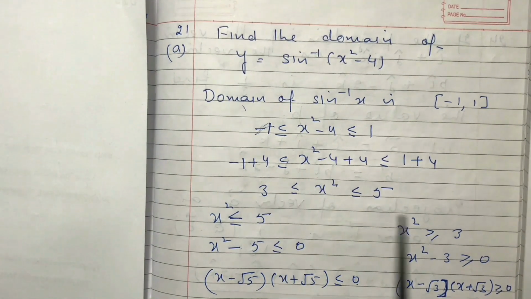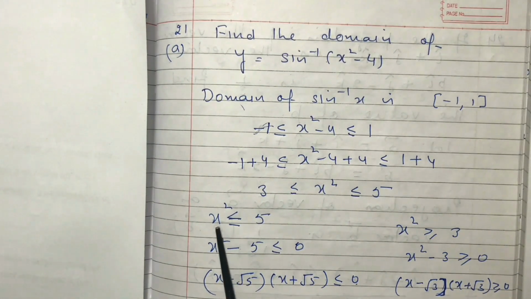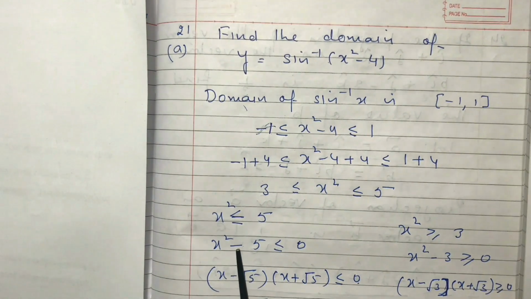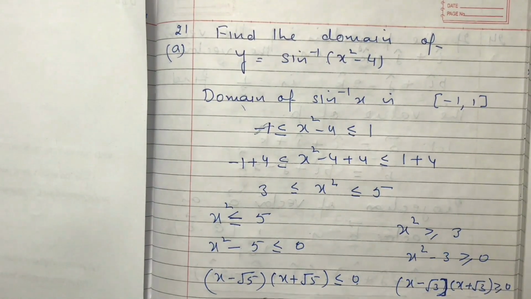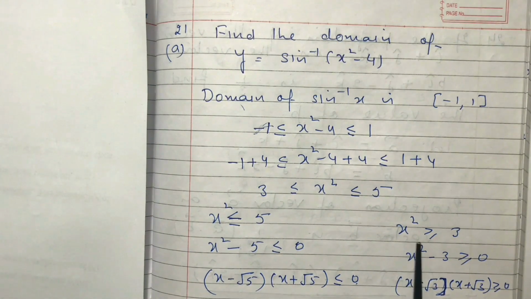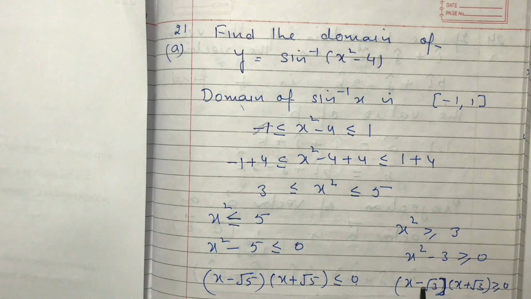X square greater than equal to 3, I have written here. It means x square minus 5 less than equal to 0. So factorize it. So x minus root 5, x plus root 5 less than equal to 0. And here x square greater than equal to 3, x square minus 3 greater than equal to 0. If you factorize it, you will have x minus root 3, x plus root 3 greater than equal to 0.